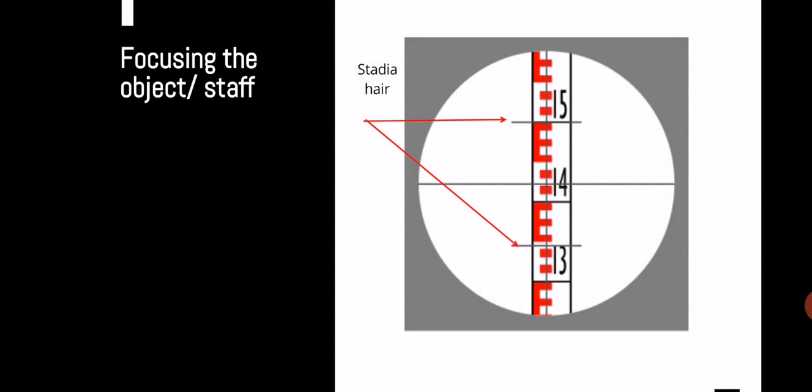And after that, using the focusing screw, we adjust the objective lens and make the required point or the staff visible to us. We should make sure that the stadia hairs are visible enough so as to locate it on the readings of the staff.